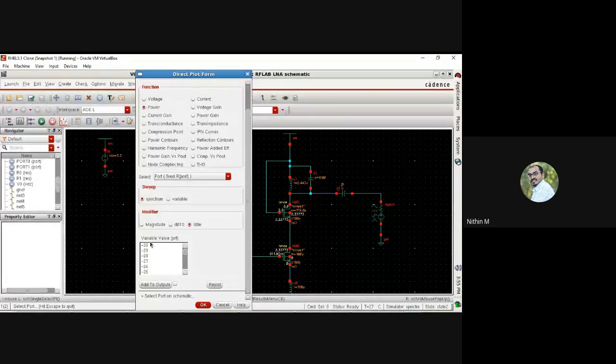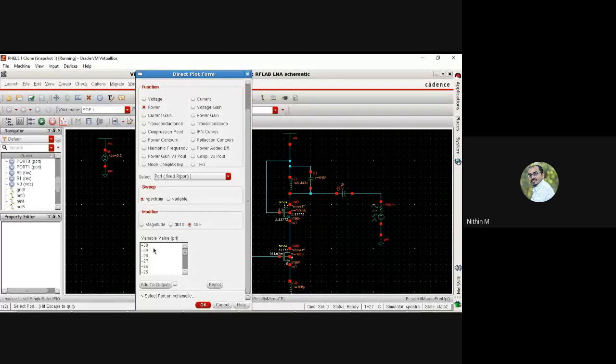So minus 30 dBm is the smallest amplitude and minus 5 dBm is the largest. As we discussed, as you keep increasing your input amplitude, your system will be heavily non-linear, and that results in harmonics, and the harmonic amplitude values also will increase.